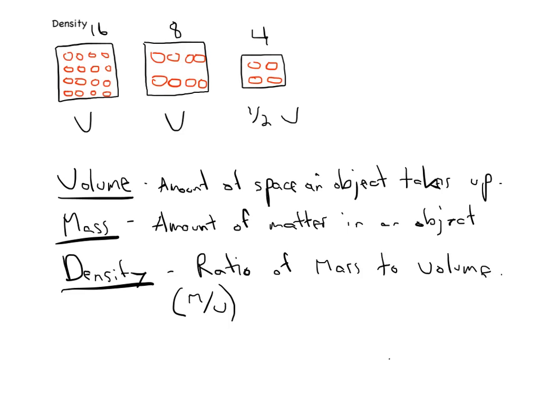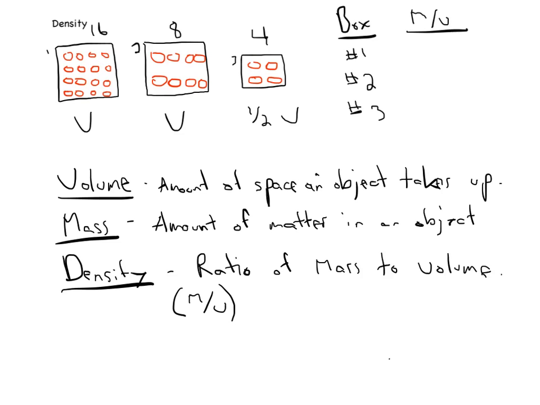So for each of these objects, we could say box 1, box 2, and box 3. Let me give them little numbers: 1, 2, 3. And we could say the ratio of mass to volume. And if you look, box 1 and 2 have the same volume, but there's twice as much stuff inside box 1 as there is inside of box 2. And what that means is box 1 is twice as dense.